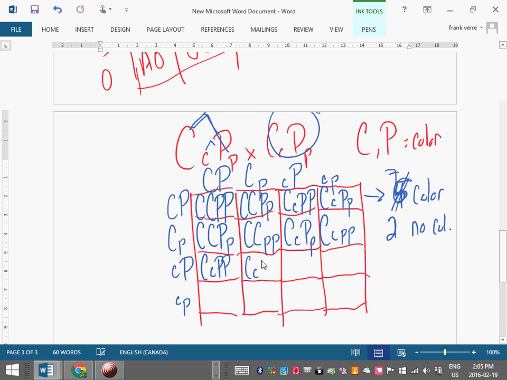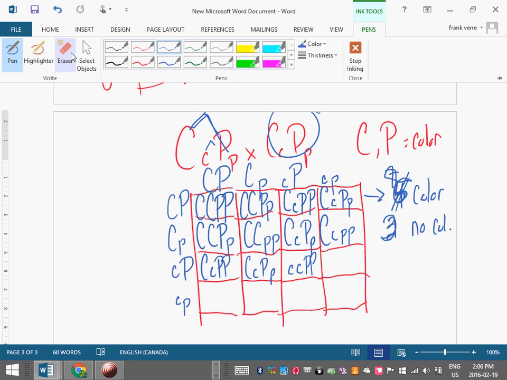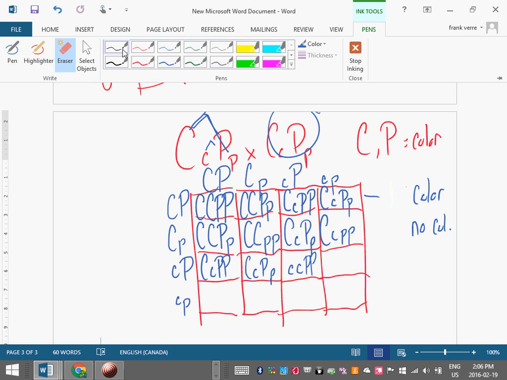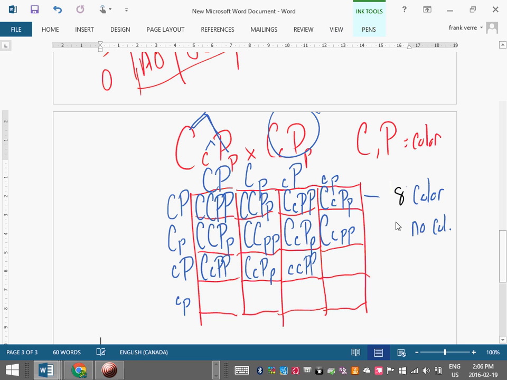Big C, big P. Now we're up to 8. Little c, big P, no. So now we're up to 3 with no color. So far we have 8 with color and 3 with no color. What about this one? Little c. So now we have 8 color, 4 no color.